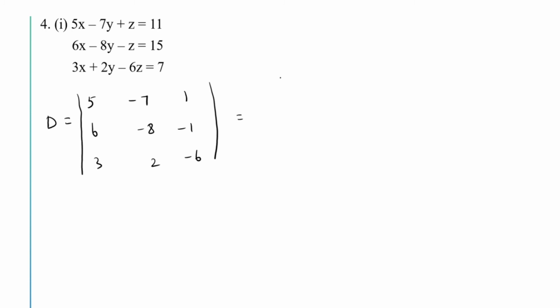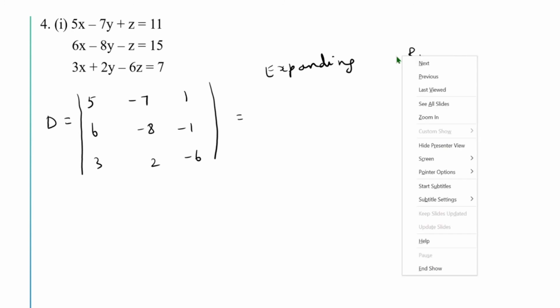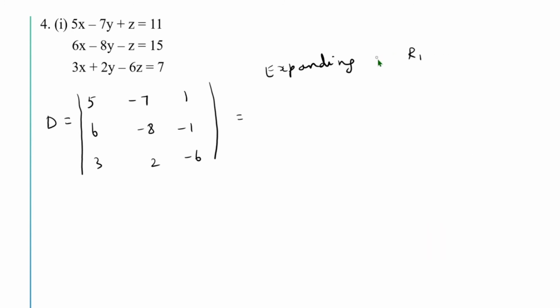So this is equal to, let us expand along R1. So this is equal to 5 into 48 plus 2 minus of minus plus 7 into minus 36 plus 3 plus 1 into 12 plus 24.